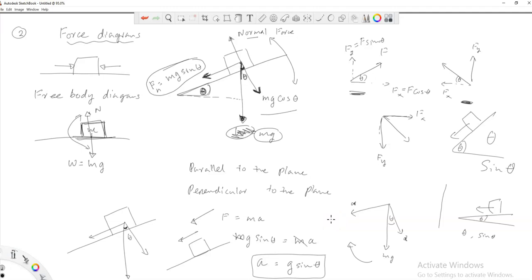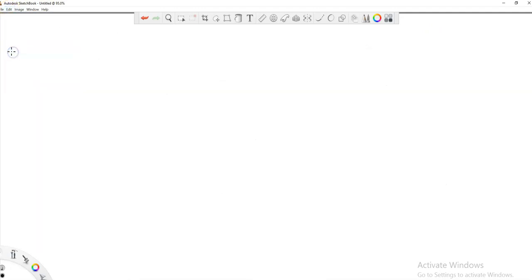Let's put some numbers and try an example. Okay, so I am going to erase this whole thing and redraw that diagram over here.